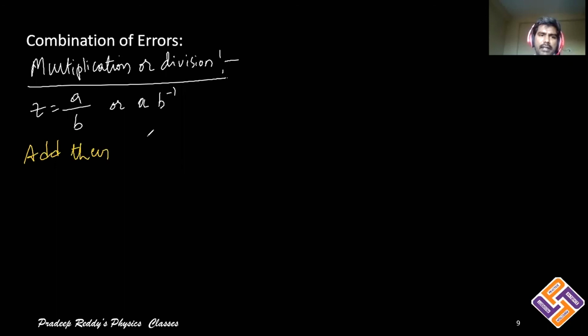Multiplication or division of physical quantities. Say for example, Z is equal to A divided by B. How do you write A by B? A by B can also be written as A B power minus 1. Is it not? So whenever you are dealing with multiplication or division, here also you can add their relative errors.